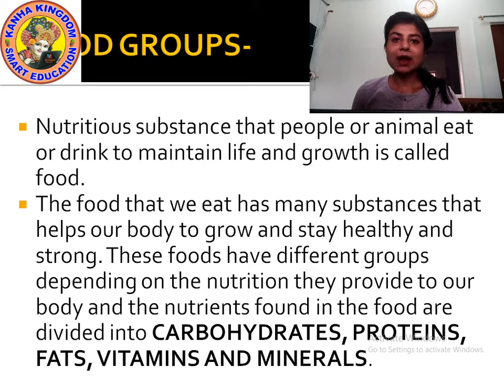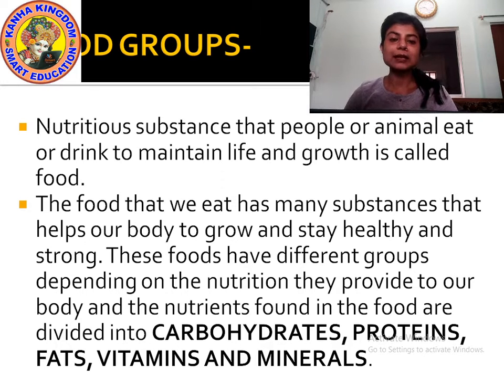There are many different groups of food. The food substance that we eat has many different groups. The food that we eat has many substances that help our body to grow and stay healthy and strong.